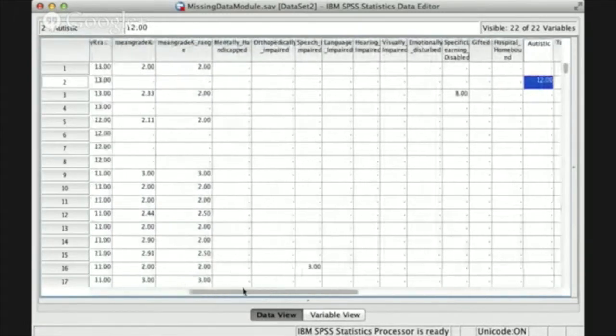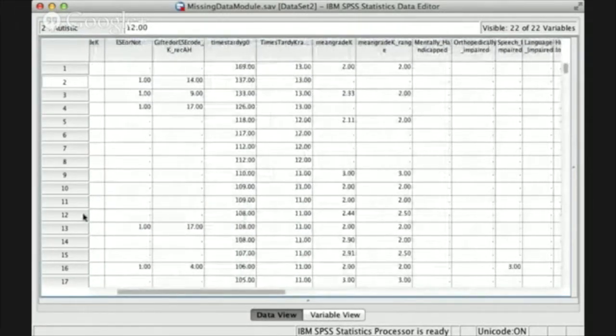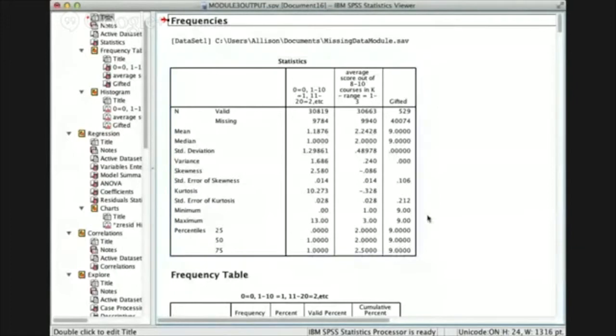So first I ran descriptive statistics. I ran frequencies to see the mean and median of all of my variables of interest. This is the range variable for tardies. It shows you how many I have and how many kids have missing data, over 9,000 of them, almost 10,000.